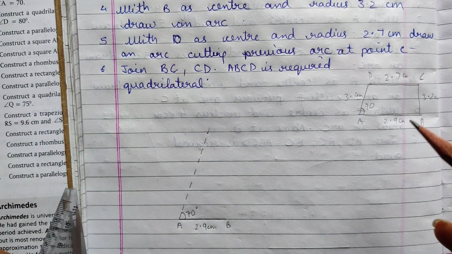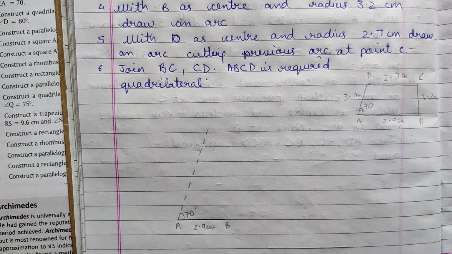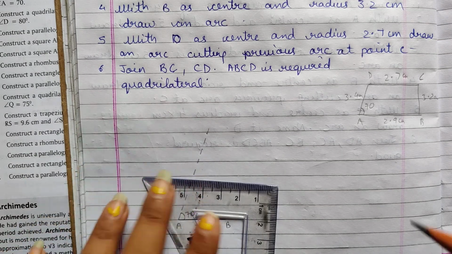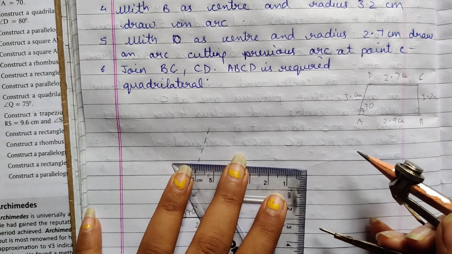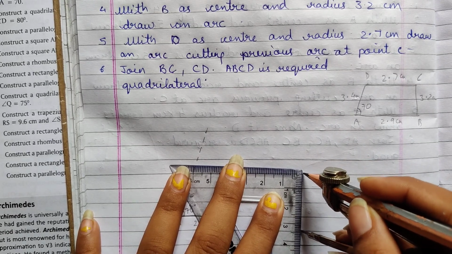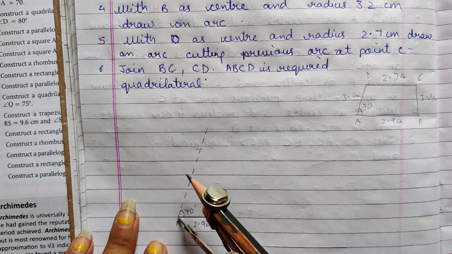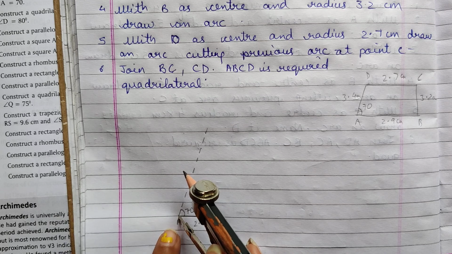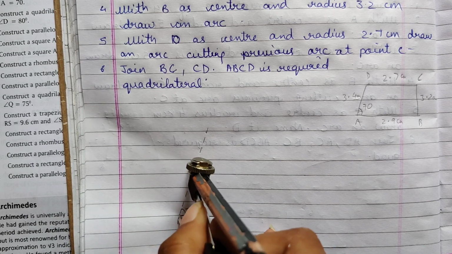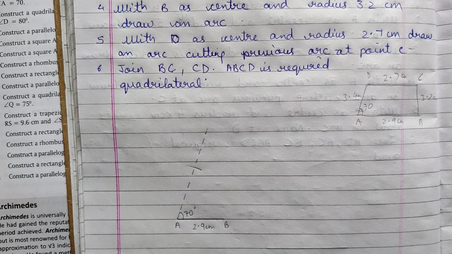Measure it. Now what is the distance between point A and point D? That is 3.4 centimeter. So with the help of our compass, we'll take a radius of 3.4 centimeter. Take a radius of 3.4 centimeter on compass, and now take A as center and draw an arc of 3.4 centimeter here.